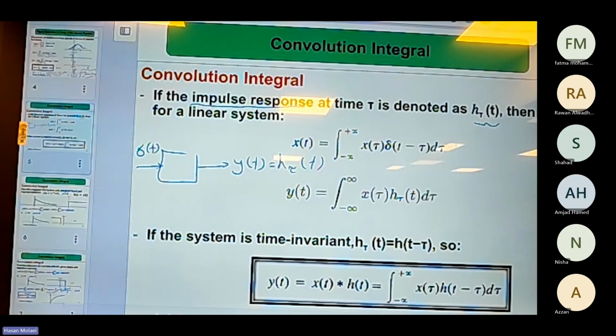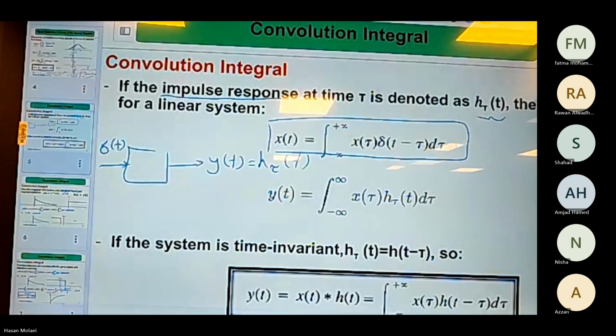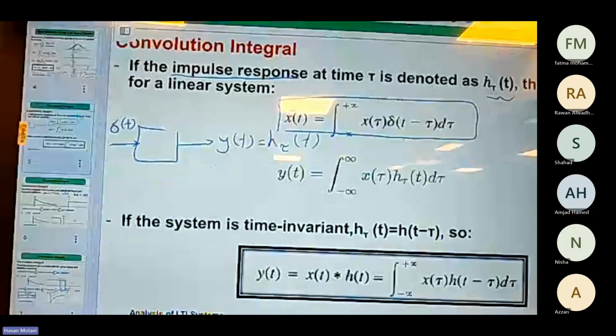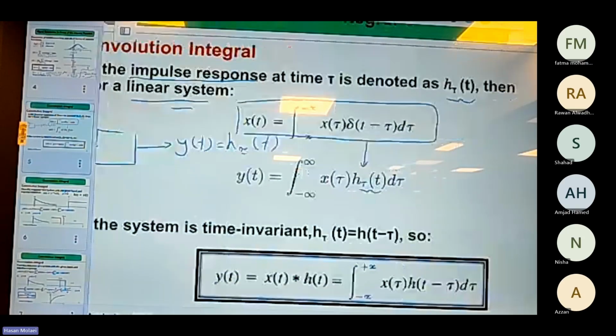So for any arbitrary input, I can write this expression, which defines any x with the integral of delta. Since the system is linear, I can replace delta with its response.